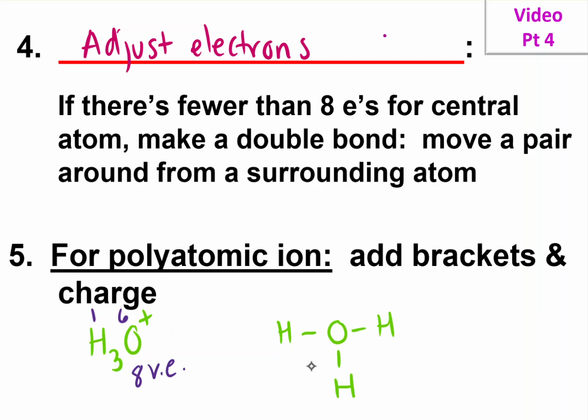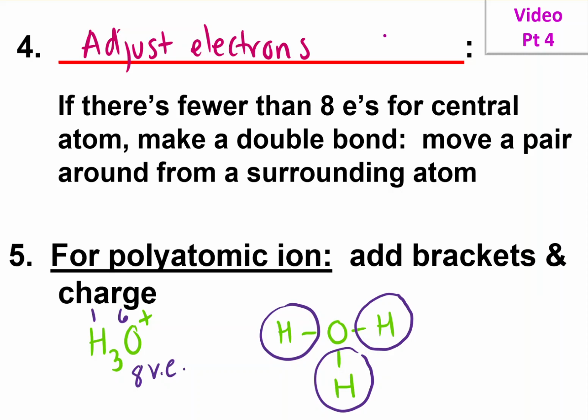So I look over here at the skeleton, and I ask, how many electrons have I already put on there? I've put 1, 2, 3, 4, 5, 6. Each bond is 2 electrons. So I have 2 more to put on, and I check my outside atoms first. Each of these hydrogens already has 2 electrons, so I don't need to add any electrons to hydrogen.